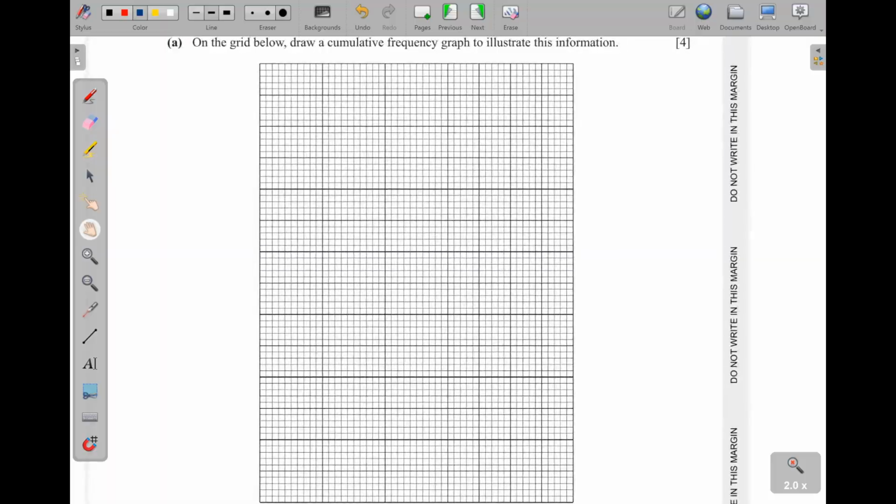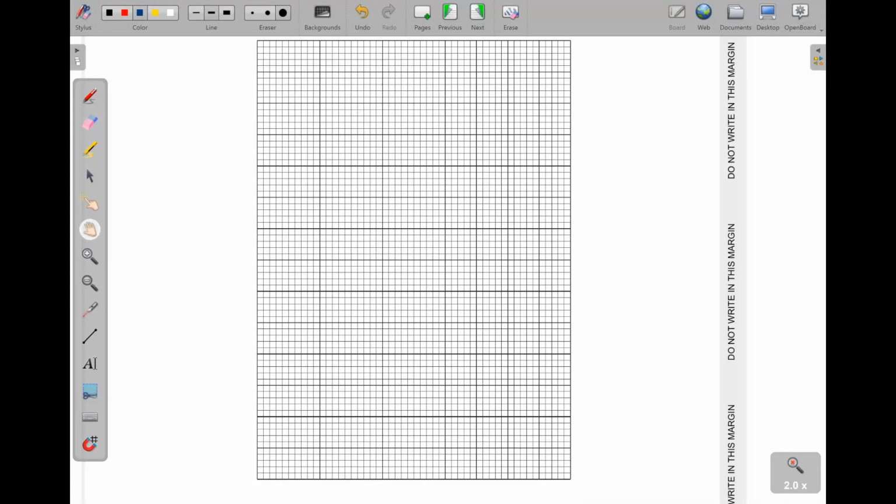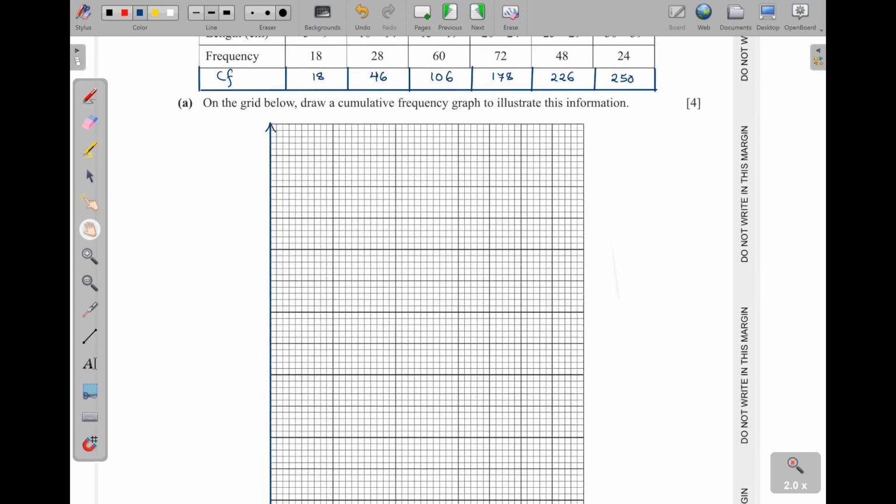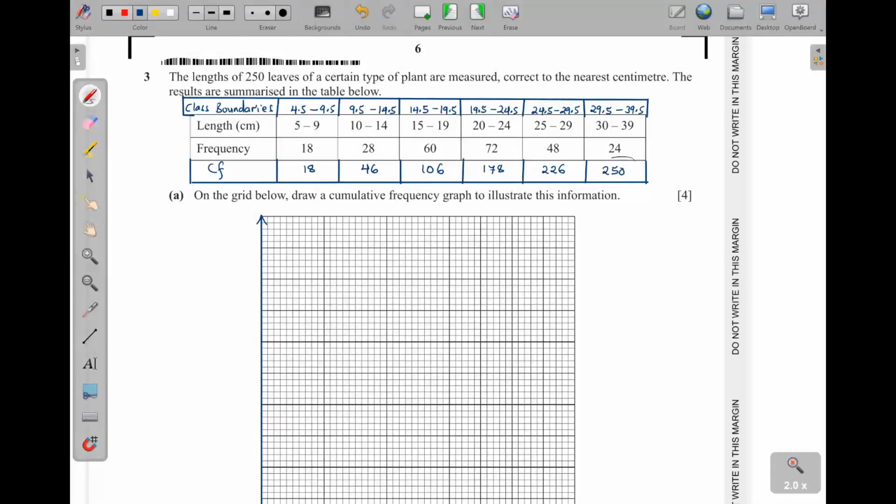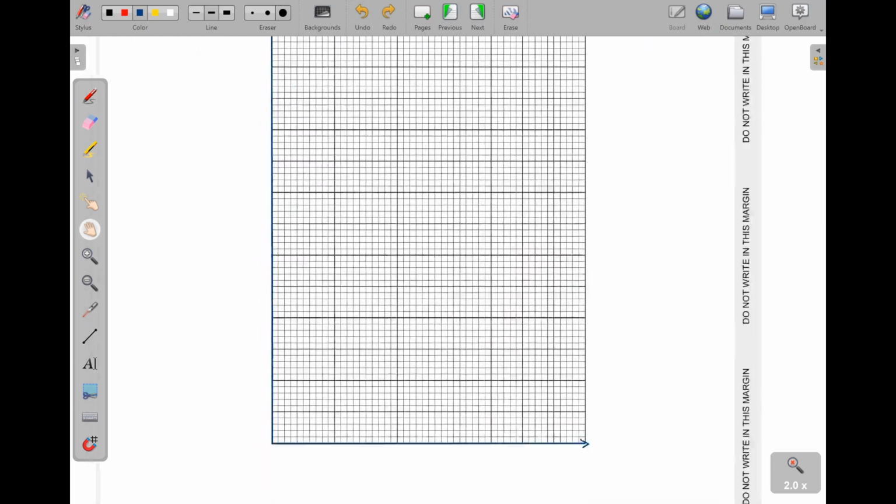Then we come to our grid here, and then we draw the cumulative frequency. Remember to put the uniform scale. I'm going to use 20s because if you look at the cumulative frequency, this is 250, then there is 18. If I use 20s, I think that would be better.